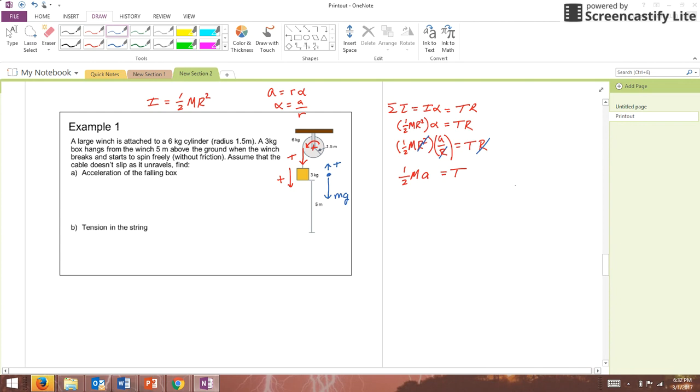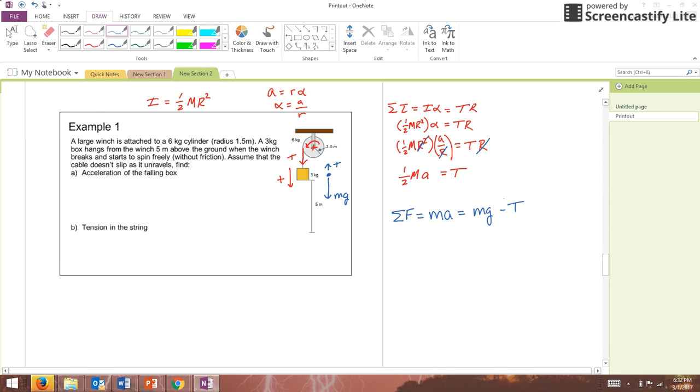So we can now sum our forces on the block. This is for the block because it's moving linearly. So that's going to give us ma is equal to, let's remember that down is defined as positive. The positive sign is down there. So that's going to give us mg minus T.